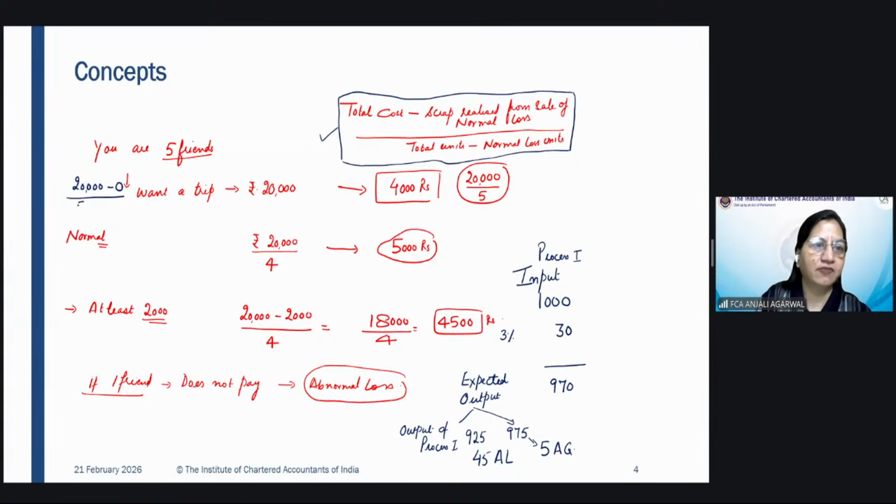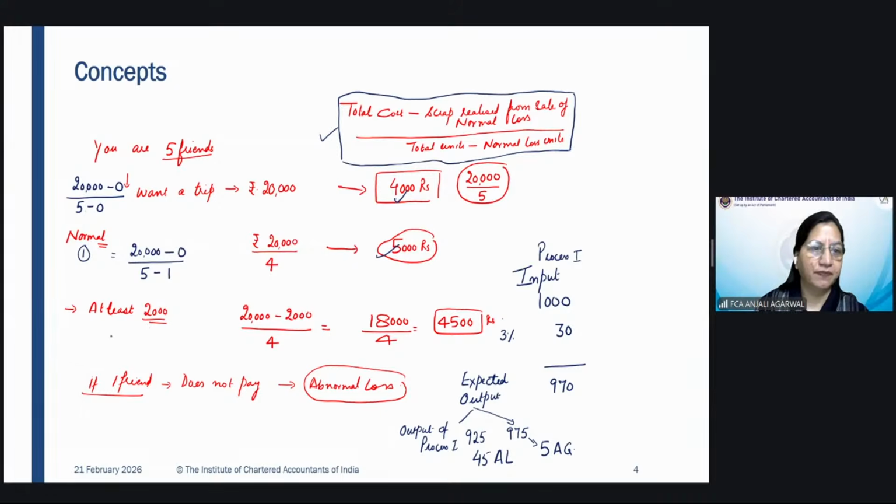Total units 5. Normal loss 0. So the cost comes out to be 4,000, right? 20,000 divided by 5, 4,000. Now, if I say that there is a normal loss of one friend, so 20,000, but he is not giving anything, 20,000 minus 0, divide by 5 minus 1. So 20,000 divided by 4, your cost will come out to be 5,000 per person.